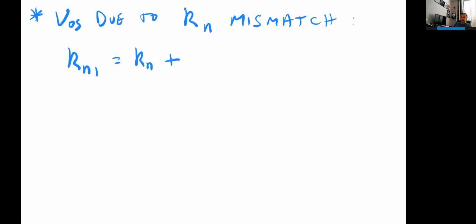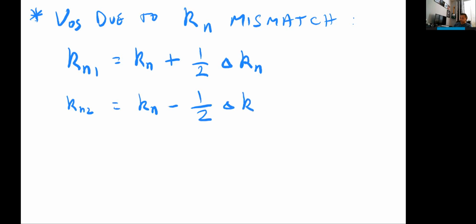So nominal K, and for transistor 2, nominal K minus half the variation or the difference between the Ks. And then we're going to apply that to the drain current equation.